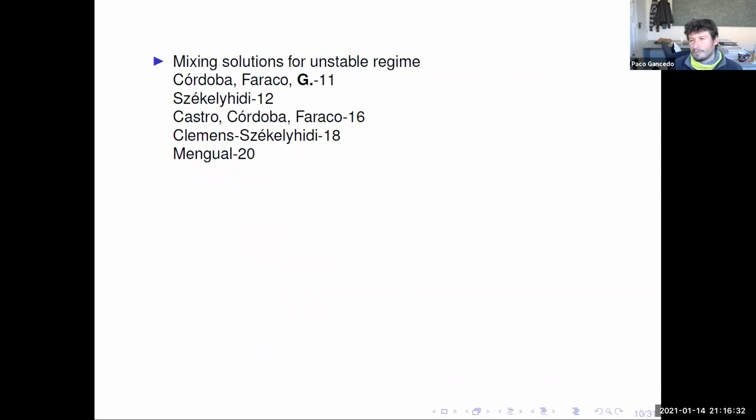Because of that, there are people trying to understand this unstable situation in a more general setting with weak solutions, and also to try to understand the mixing.